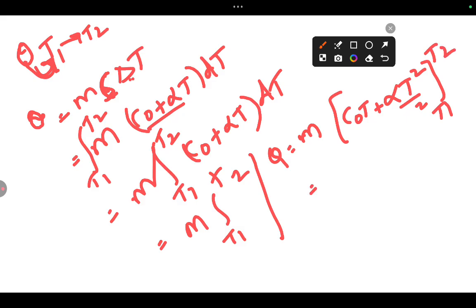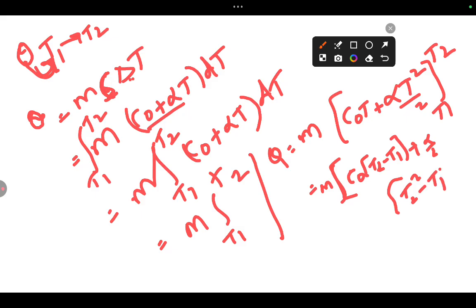After simplifying, M times C naught (T2 minus T1) plus alpha by 2 times (T2 square minus T1 square).